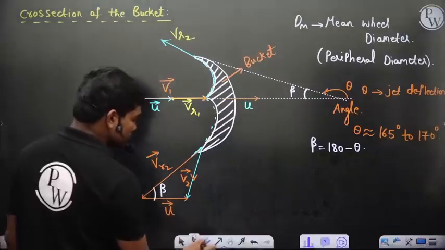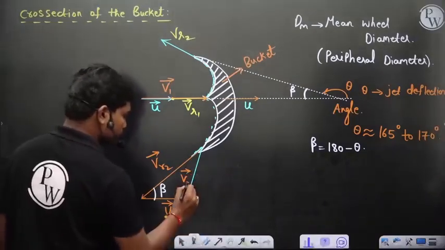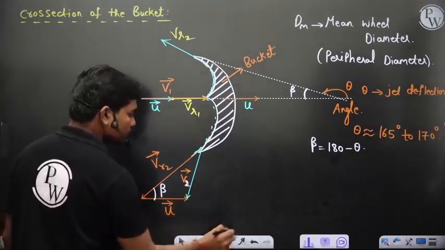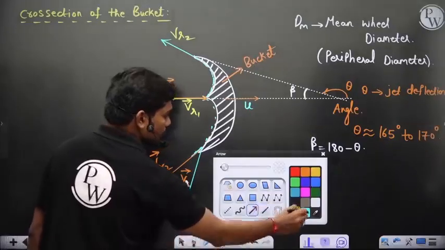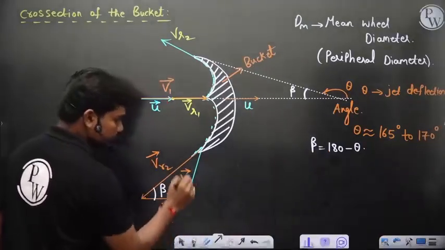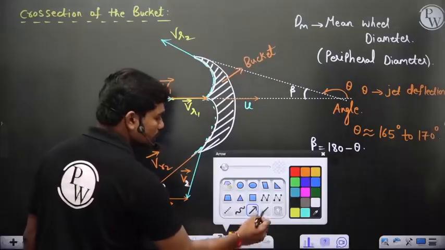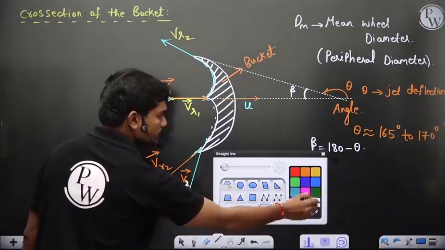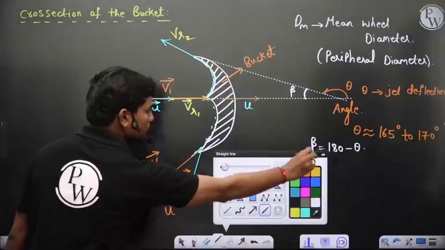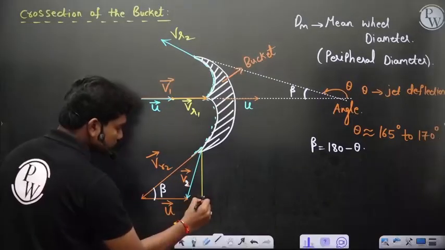Ultimately, if you resolve this v2 absolute velocity, because you need tangential components and radial flow components, let's resolve this using yellow color.